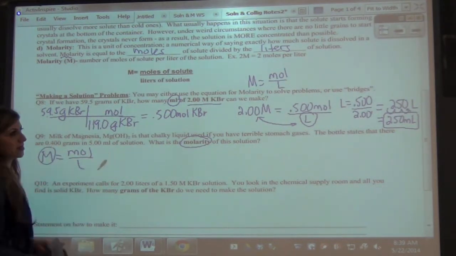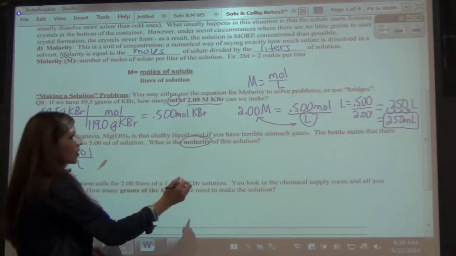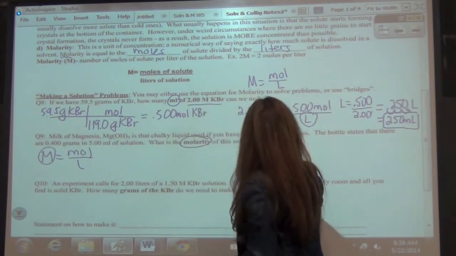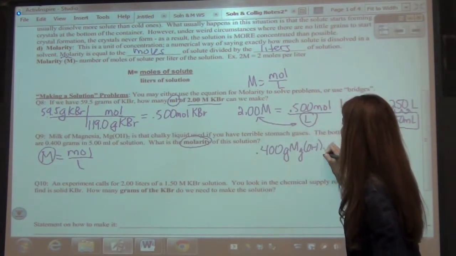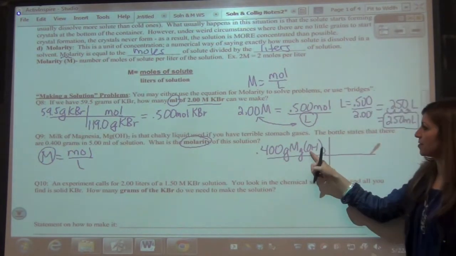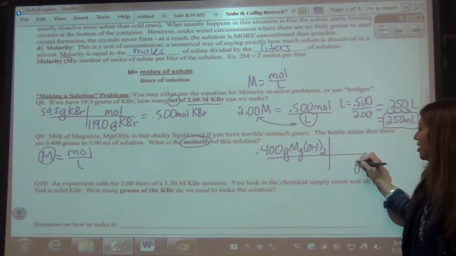So do we know the moles? No, but we know grams. So let's do our grams over on the side here. 0.400 grams of this Mg(OH)2. Don't forget you have to multiply the oxygen by 2 and the hydrogen by 2 when you do your L chart.